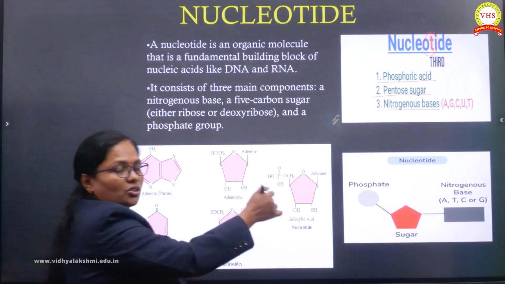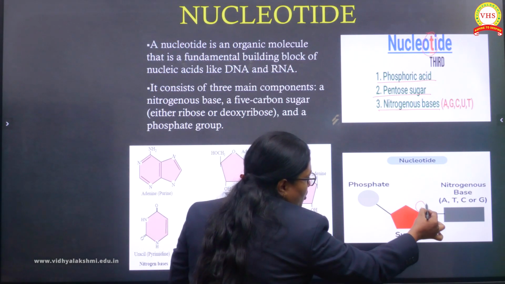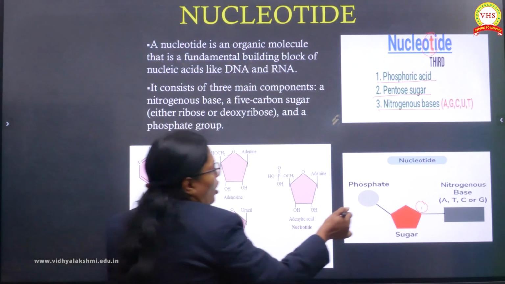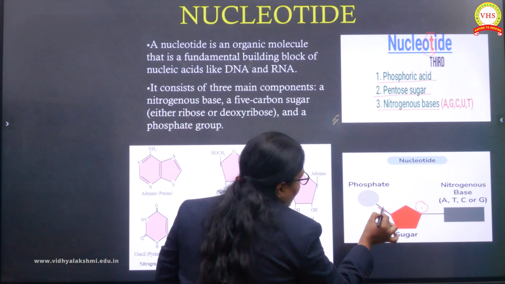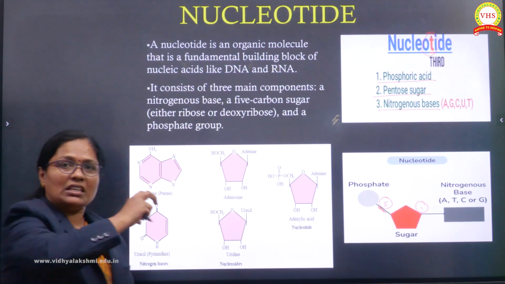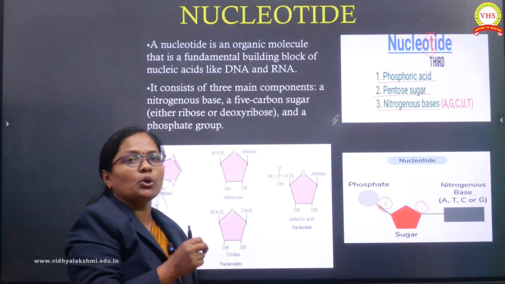So these 3 structures: onto the first carbon of the sugar, we have the nitrogen base attached, and onto the 5th carbon of the sugar, we have the phosphate group attached. When these 3 structures combine together, we call it a nucleotide.